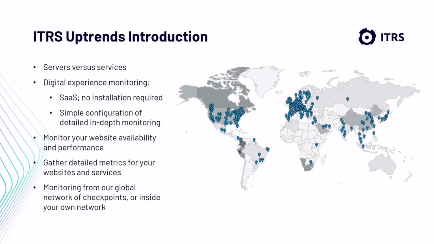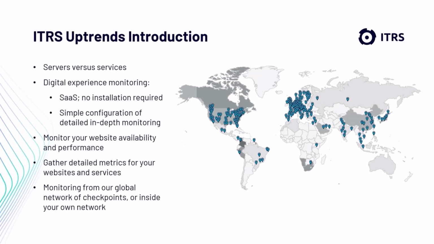Uptrends generates data in the form of individual measurements, that being checks executed from our global network of 233 checkpoints to ensure that you get data relevant to where your end users are located. You can see the little map with our checkpoint locations. There's more that fell just out of frame on the slide here.